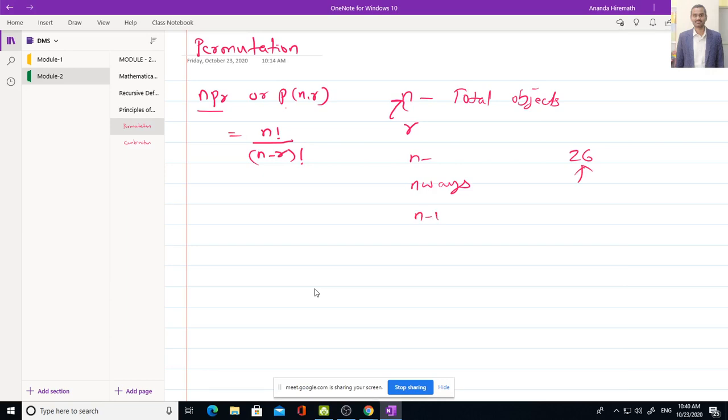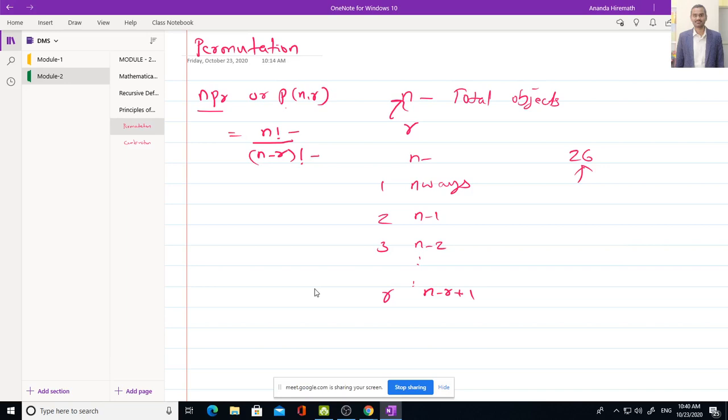It is n minus 1. Then to choose the third object we have n minus 2 ways, and so on. So to choose the rth object, we have n minus r plus 1 combinations. That is why we have the formula nPr equal to n factorial divided by (n minus r) factorial.